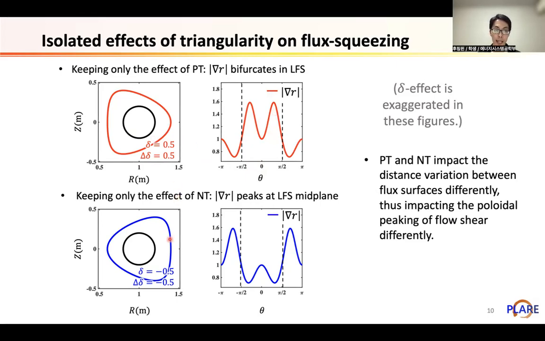And for the NT case, we can see a peak at the low field side midplane. So PT and NT impact the distance variation between flux surfaces differently, so they impact the poloidal peaking of flow shear differently.